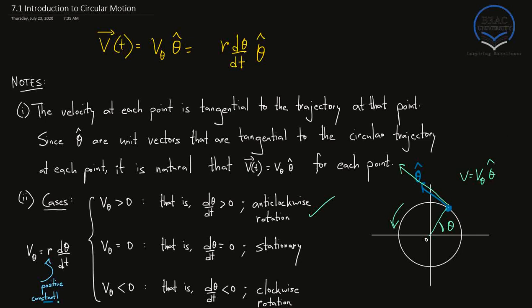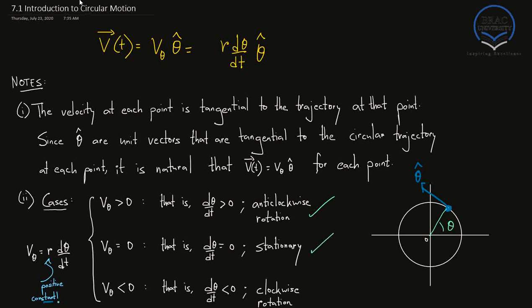Okay, what about the case where v theta equals 0? For that, d theta by dt will have to be 0. In other words, this angle theta cannot change. This angle theta will have to remain stationary, and that just corresponds to the particle not moving at all. After all, r is a constant, theta is a constant, the particle stays where it is.